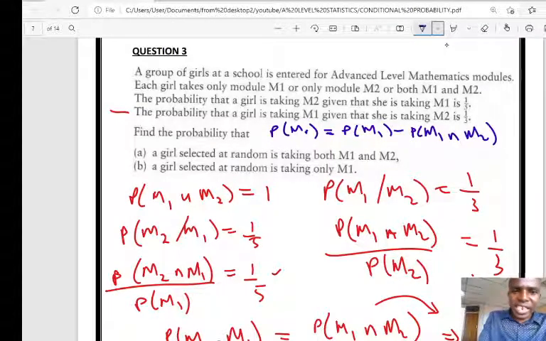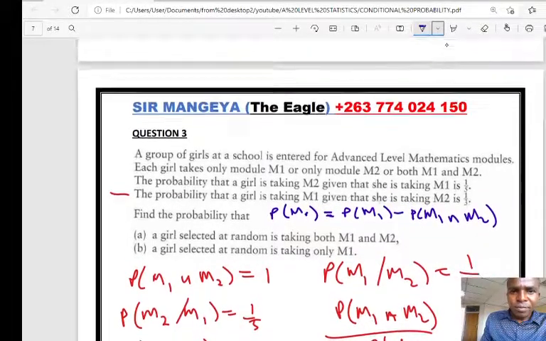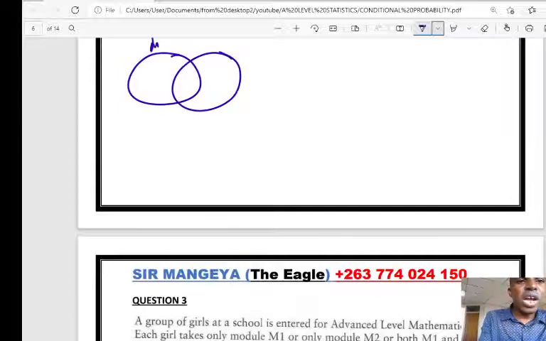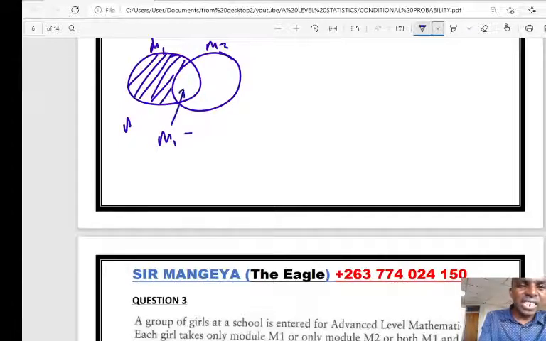It's more like a set: with M1 and M2 drawn here, M1 only is this part. It means you take all of M1 minus the intersection, so that you get M1 only.